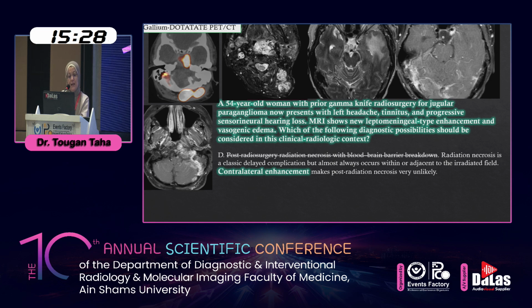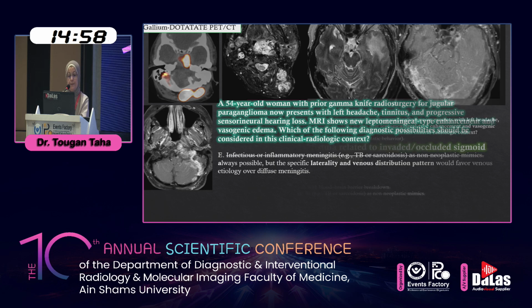Radiation necrosis is a classic delayed complication, but almost always occurs within or adjacent to the irradiated field. The contralateral enhancement makes post-irradiation necrosis very unlikely. Infection or inflammatory meningitis is possible, but the specific laterality and venous distribution pattern should favor venous etiology over diffuse meningitis.